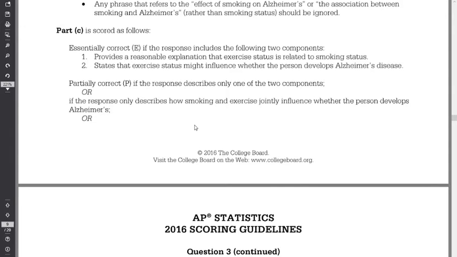And so you need to say both that exercise and smoking may have something to do with each other, and that exercise and Alzheimer's may have something to do with each other. And you need to describe how that happens. That's how you describe the confounding variable.